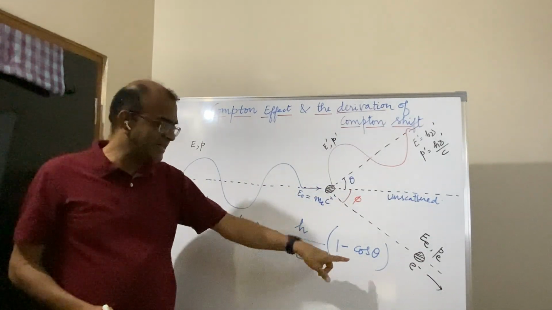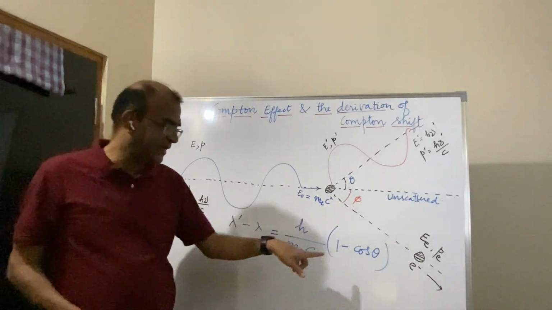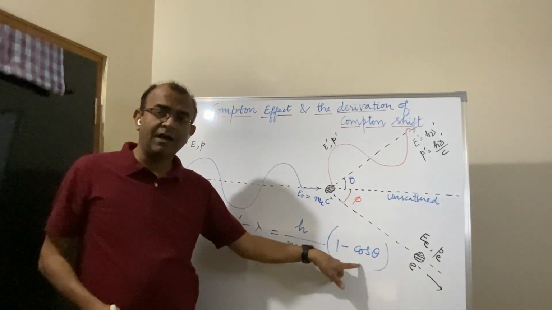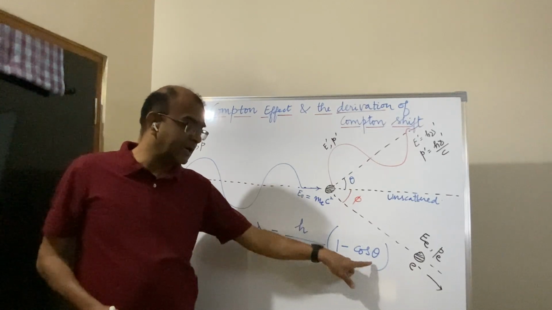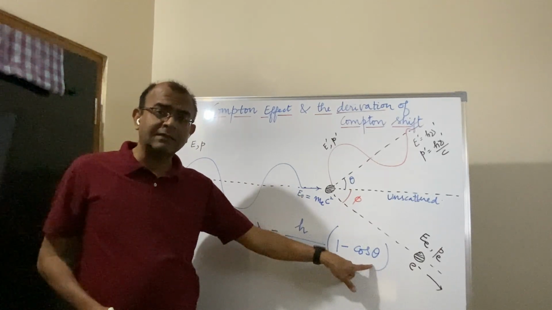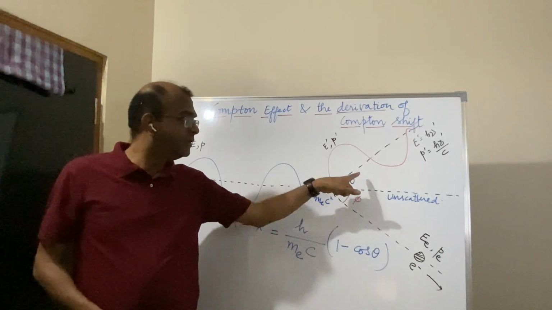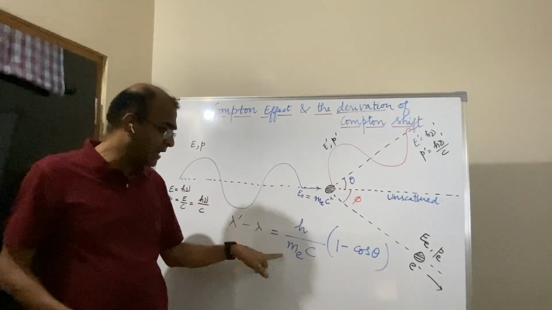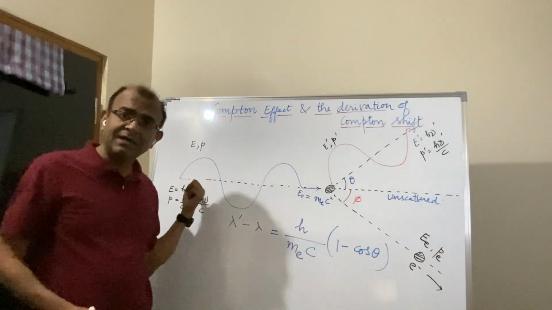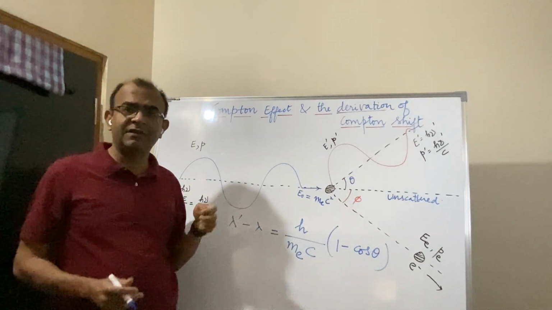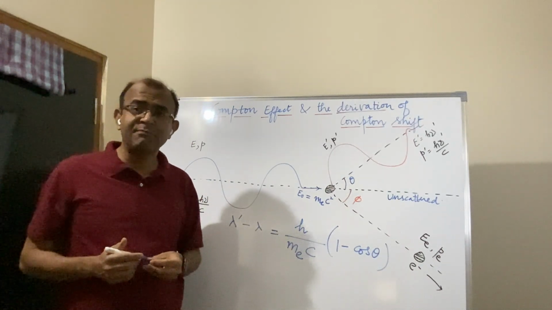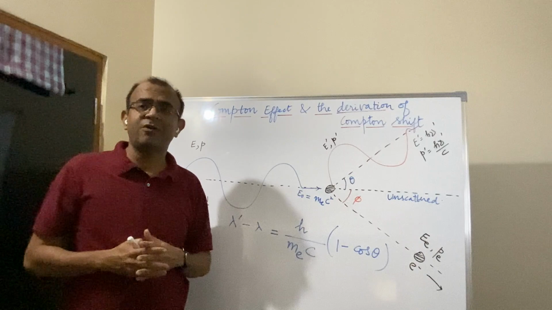So we can clearly see that Compton shift depends on the scattering angle of the photon, theta, and it is independent of the incident wavelength. This is an important factor to note in Compton effect.